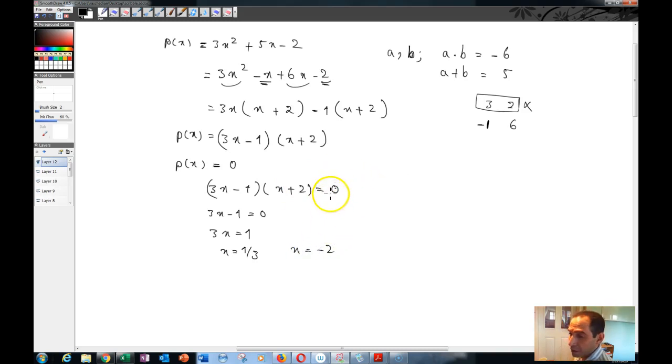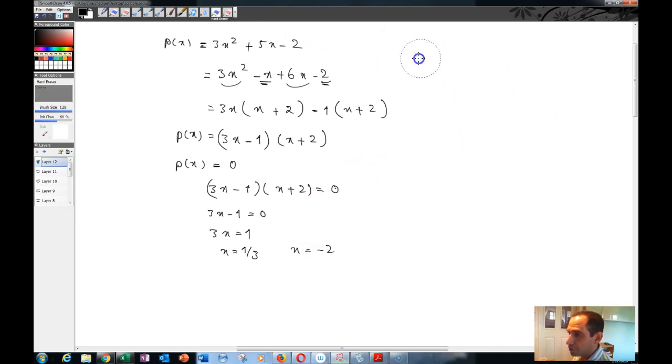Okay. So now again we can check for this relationship between the roots of your polynomial and the coefficients in your polynomial. So here you can see that a is equal to 3, b is equal to 5, and c is equal to negative 2. And alpha and beta, the two roots of your polynomial, are alpha is equal to 1/3 and beta is equal to negative 2.